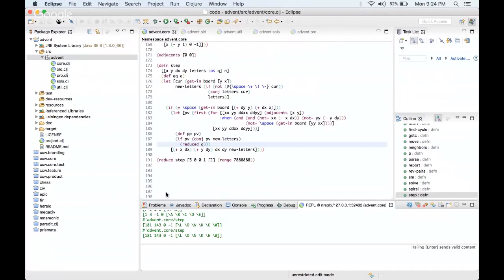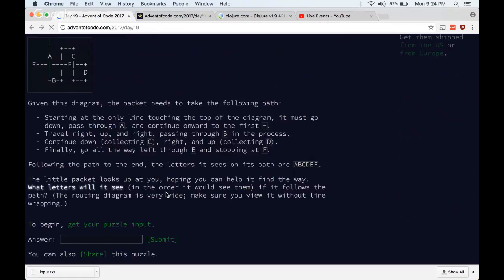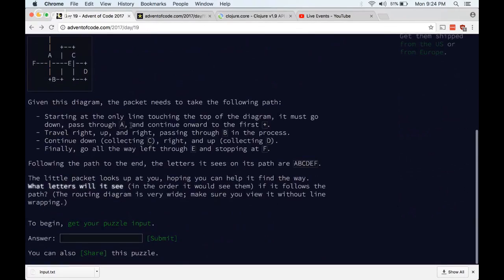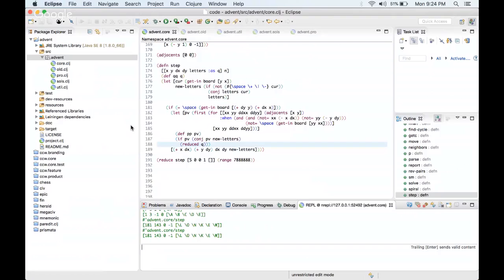Not the right answer. Okay. I guess, yeah, okay, so F is part of it. Oh, maybe I just misinterpreted.